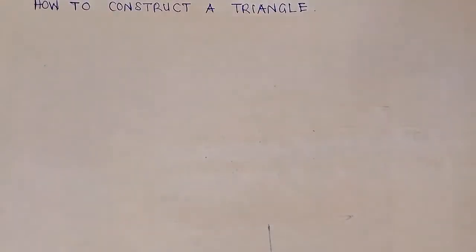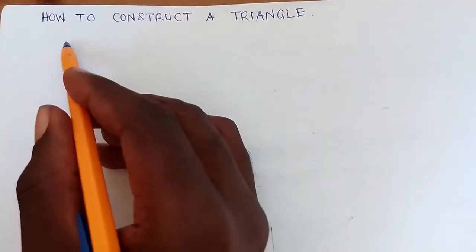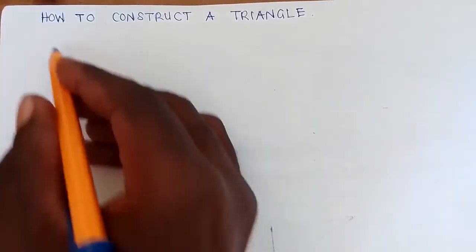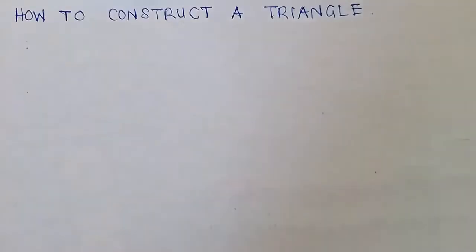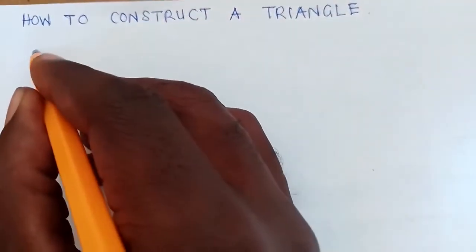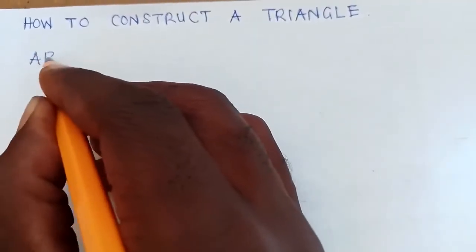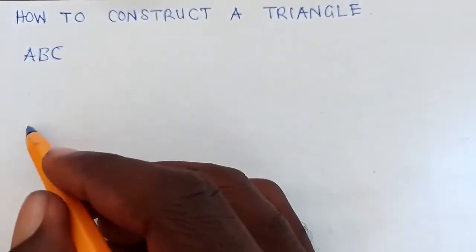So let's say you are given points. These are just points. You are given a question in an exam saying construct a triangle. So let's say you are to construct triangle ABC.